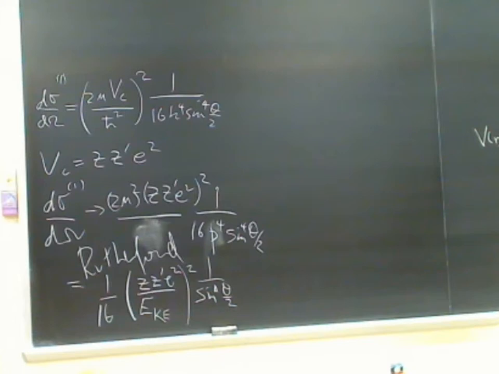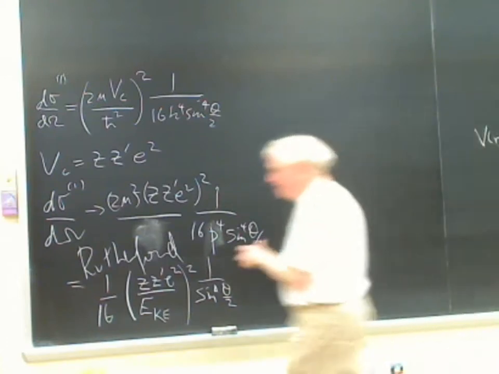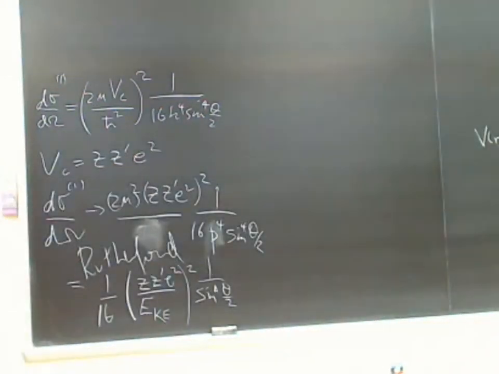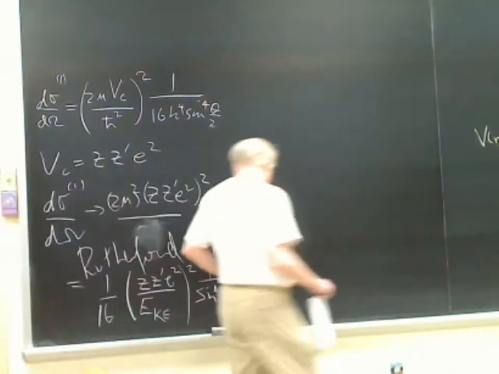And so once again, it's peaked in the forward direction. And the peaking this time occurs because the blunt peaking at low energies, from this m, isn't there. So it's just always peaked in the forward direction.